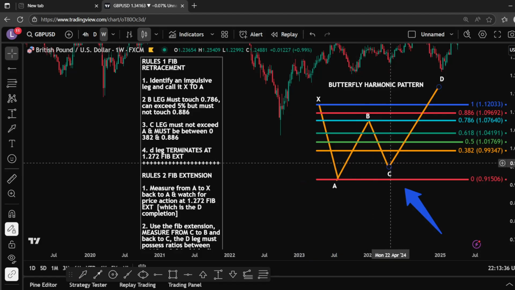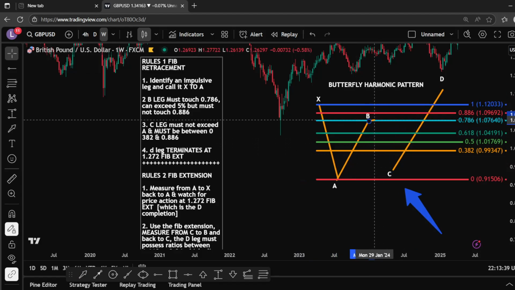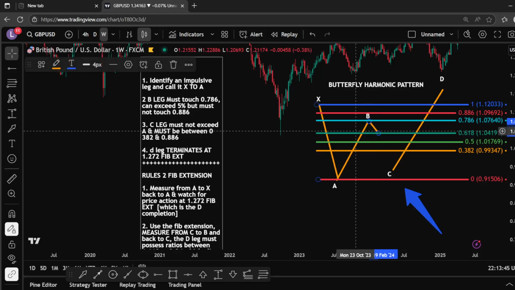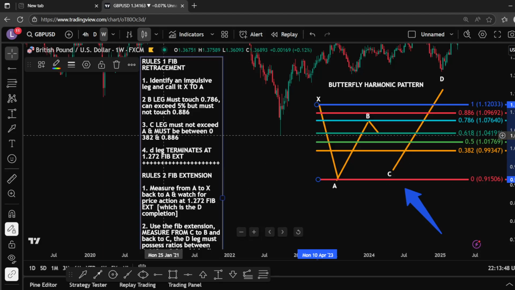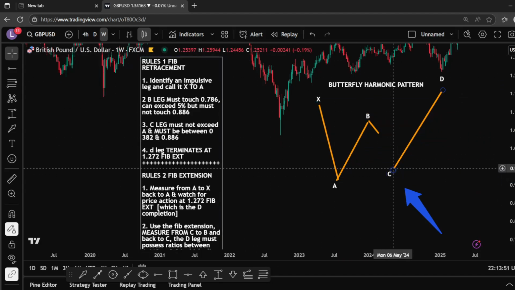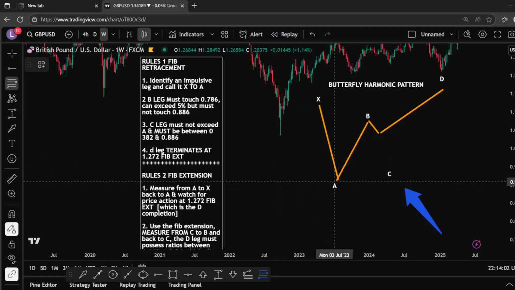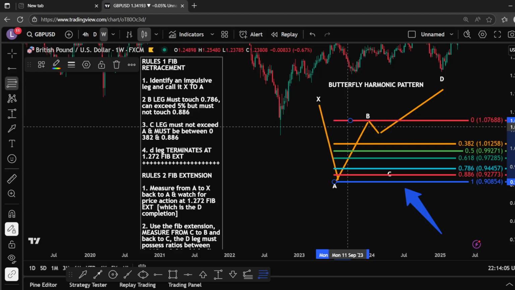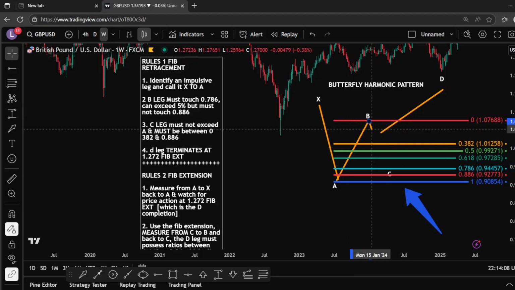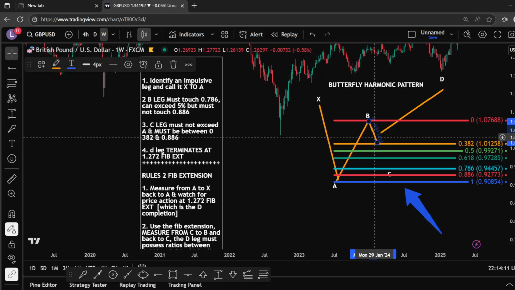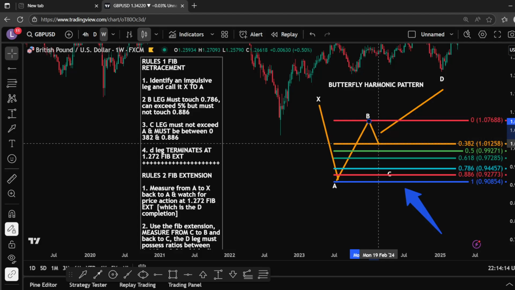Let's say, for example, the retracement was that short before it finally went to the upside. What we need to do to make sure that the C leg is valid is to take our FIB retracement again. You measure from your A to your B. This retracement must touch 0.382, which is the first FIB.